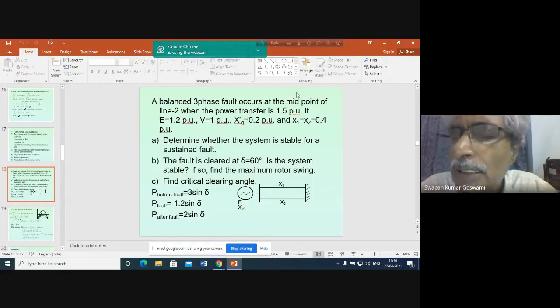So this inductance is the subtransient reactance of the generator. Okay, am I clear? This reactance is the subtransient reactance. This inductance will obviously be much less than the synchronous reactance because there is an increase in armature current, but no increase in the resultant flux.